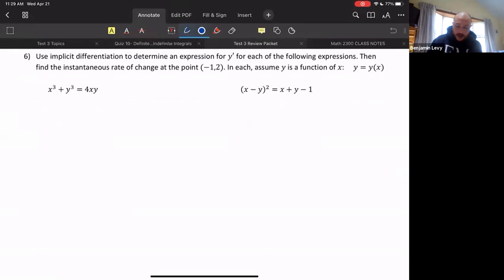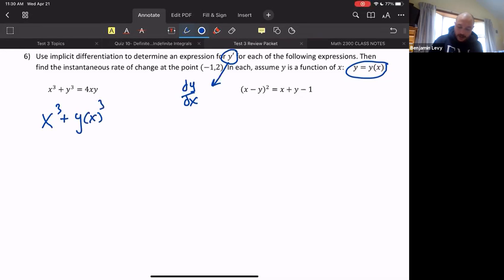So here are 2 problems. We're going to look for an expression for y prime. And remember, y prime is dy/dx. In each case, we're being told that y is a function of x. So if I rewrote this first problem, it would look like this.